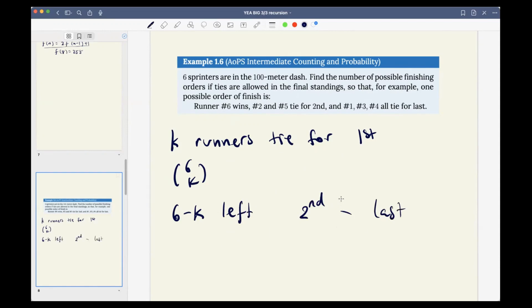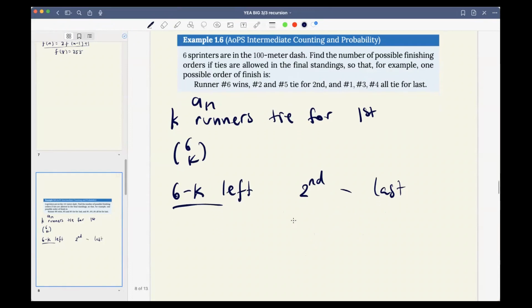Well, actually, let's first say A of n. A of n is what we're trying to find. It's the number of standings there are for n people in this race. So when we have 6 minus K people left, and they're filling up the standings from second to last, what is the difference between second to last and first to last minus 1 place?